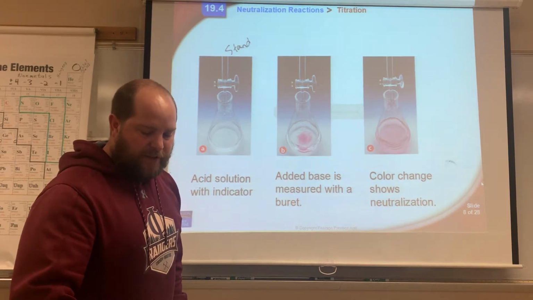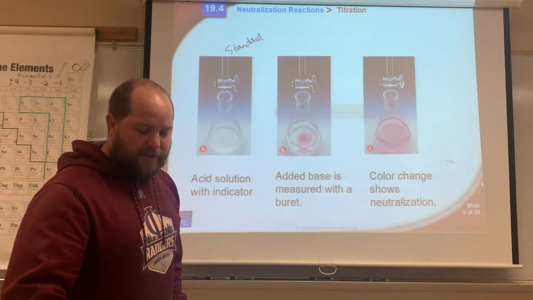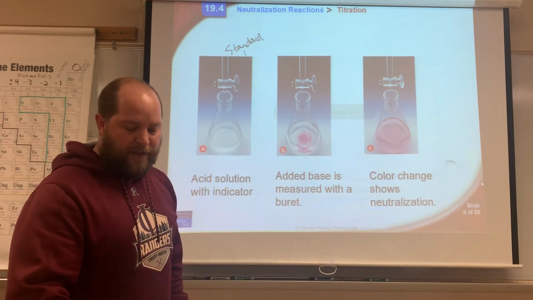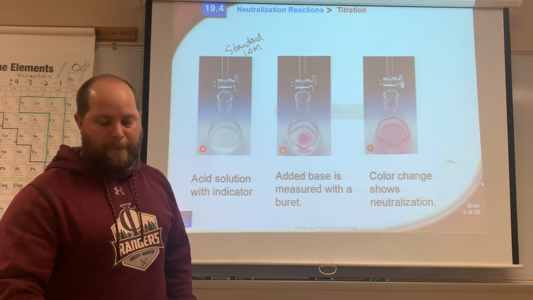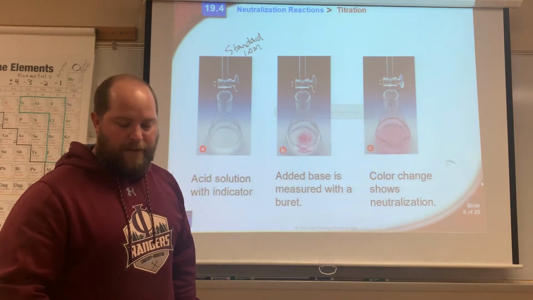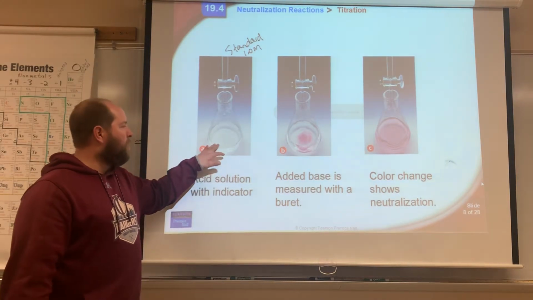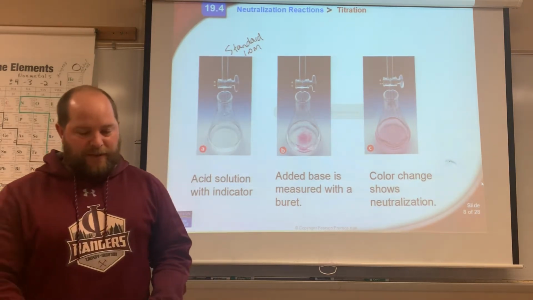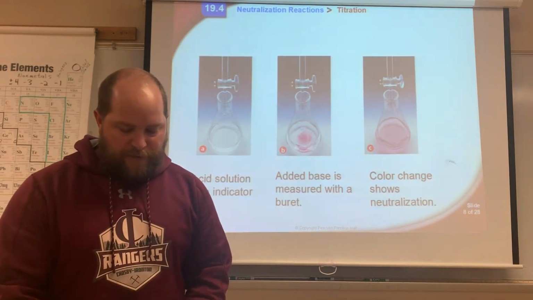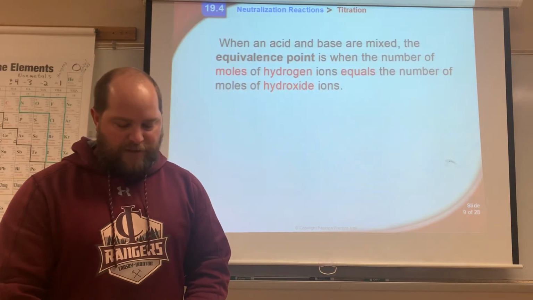So in that titration burette, that will be the standard solution because it had that known concentration of 1 molar. So then this would be your unknown concentration down here. But it's as simple as that. That's how titrations work. It's used to figure out the unknown concentration.